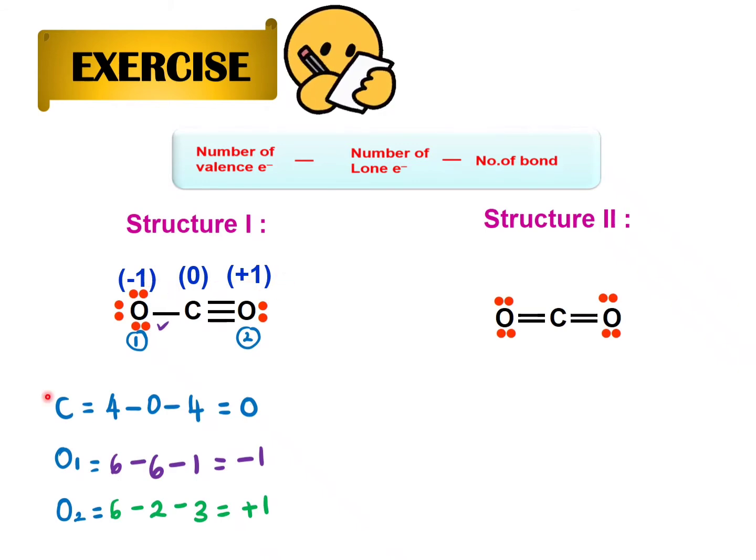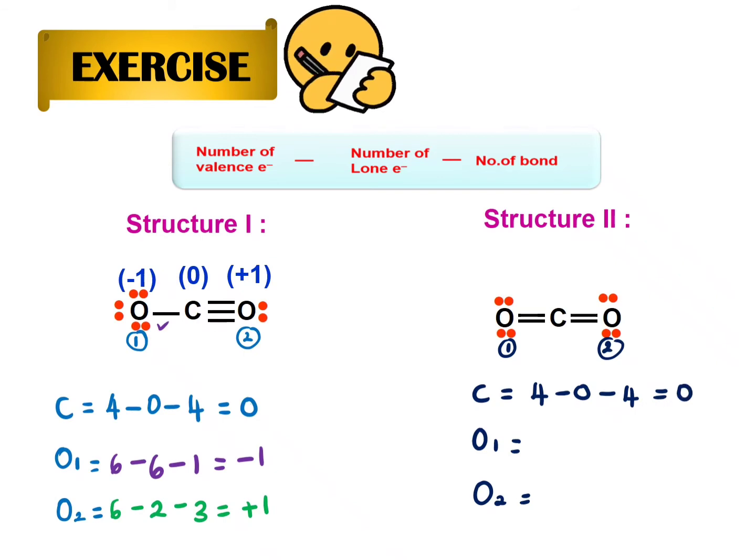Okay, now we calculate for structure 2 of carbon dioxide. Same method, we do it the same way. We have carbon, the first oxygen and the second oxygen. As usual, the number of valence electrons for carbon is 4, minus the number of lone electrons, no electrons at carbon, 0, minus the number of bonds at carbon, we have 4. So you will get 0.